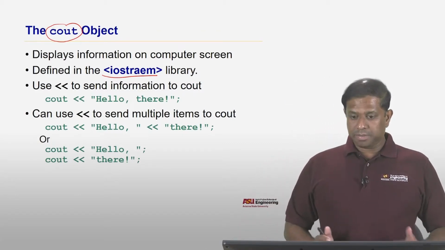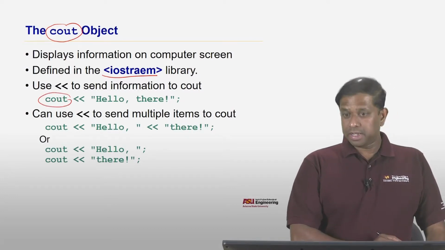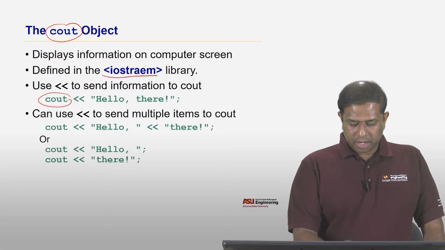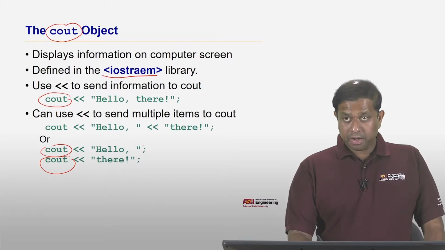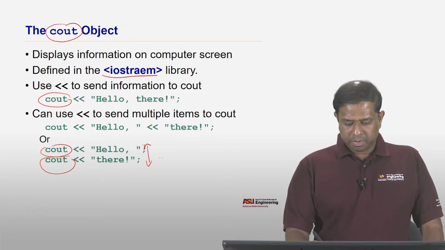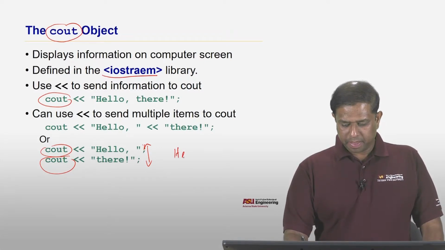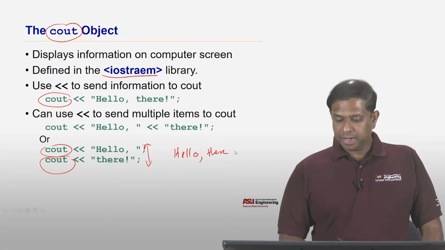Now when you are displaying something on the monitor, we can display it as one line like this, or we can actually have two cout statements, with hello and there. Since we don't have end of line in here, we'll be displaying hello there in one line, because after displaying hello, we'll stay in the same line, okay? And then we'll have there in here, right?